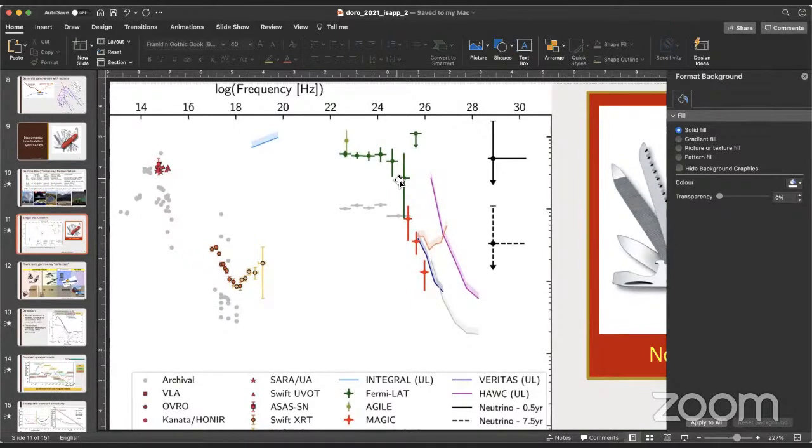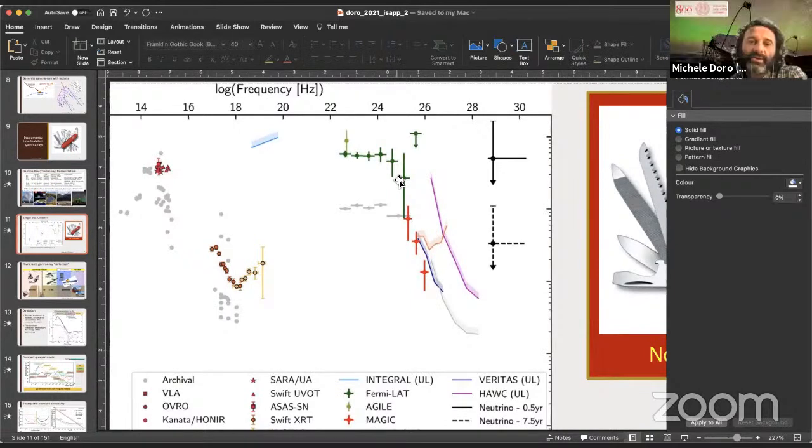Okay, perfect. So it's not a technical problem, it's really an intrinsic problem of the source. And you cannot just build a larger telescope in space.